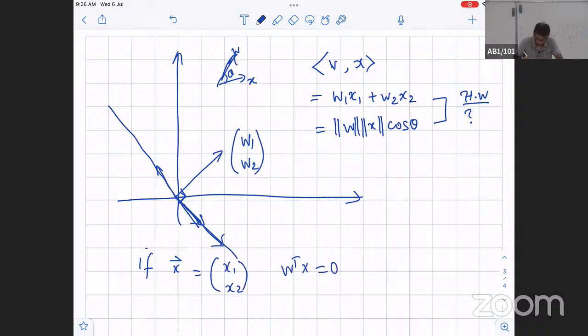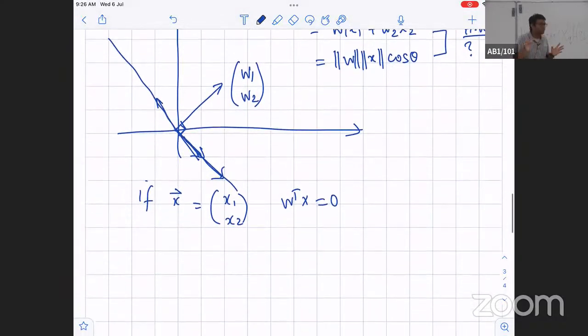So this is what you typically define. This is only for R2, but this generalizes to R3. In R3, I gave you an example: take a plane, take an orthogonal vector. All the vectors that are orthogonal to this W form a plane.